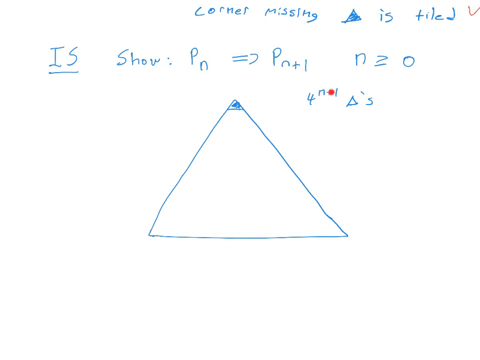Maybe not 4 to the power n plus 1 triangles, but definitely 4 to the power n triangles. So is there a way to split this triangle up so that you would see part of it with 4 to the power n triangles? Try to think about that. Pause the video for a moment.